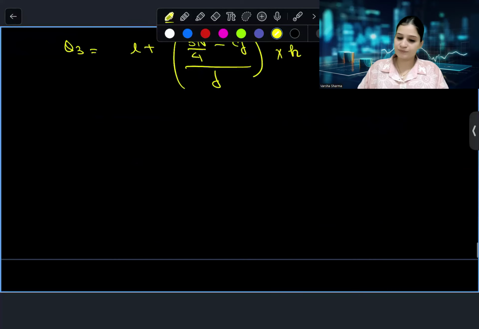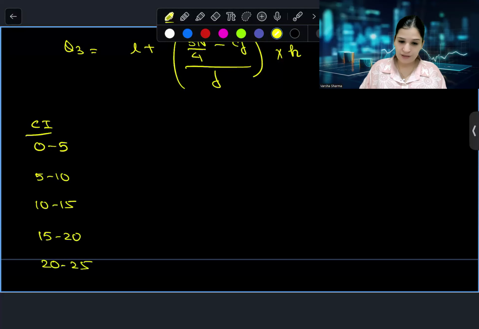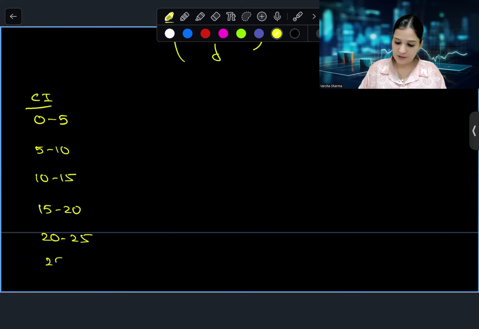For example, the rest of the formulas are same. Interval: 0 to 5, 5 to 10, 10 to 15, 15 to 20, 20 to 25, 25 to 30.